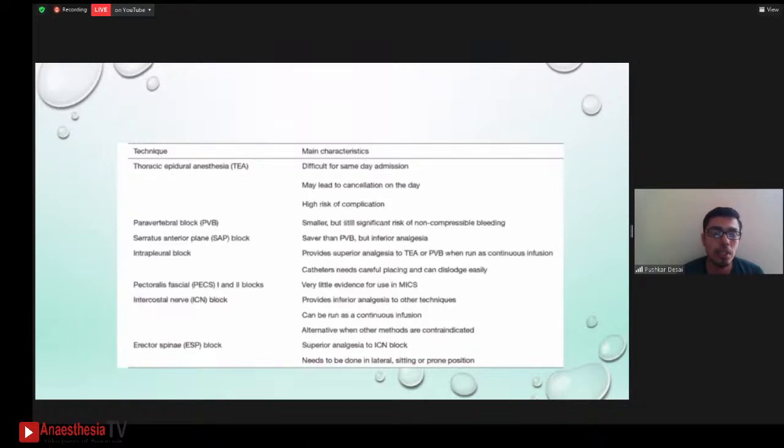Coming on to regional anesthesia, we have different alternatives like thoracic epidural, paravertebral, serratus anterior block, and fascial plane blocks. Among all those, erector spinae block, as per the literature, gives the superior pain relief, followed by intrapleural analgesia, where the surgeon places the catheter between the visceral and the parietal pleura.